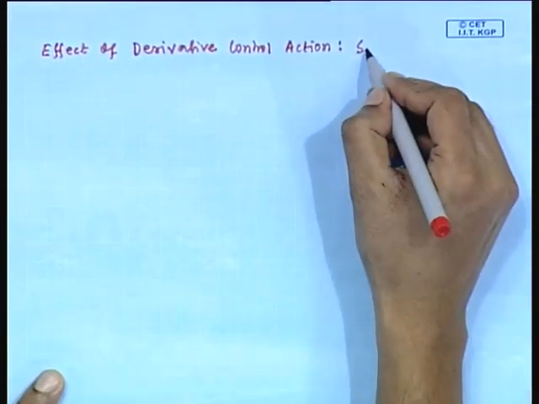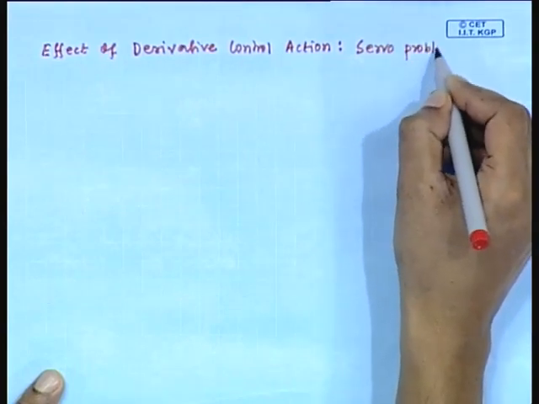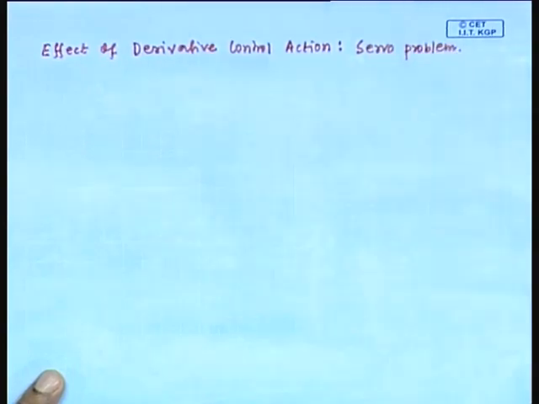And we will consider the servo problem. In the discussion of derivative action, we will consider the first order process and servo problem.